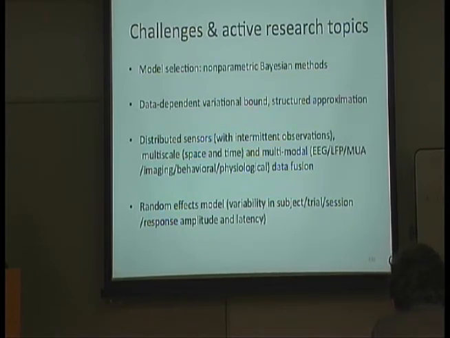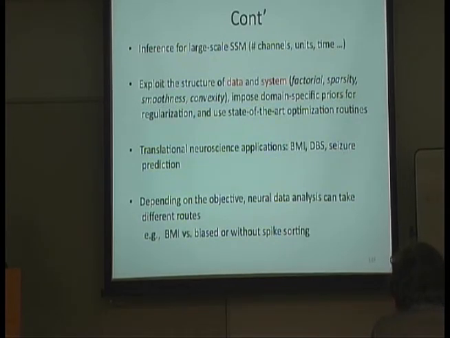So the challenge for neuroscience analysis is how to exploit the data structure, in terms of sparsity, smoothness, or complexity. You can bring different important domain knowledge to the solution, and then hopefully come up with a scalable, fast, and efficient solution.